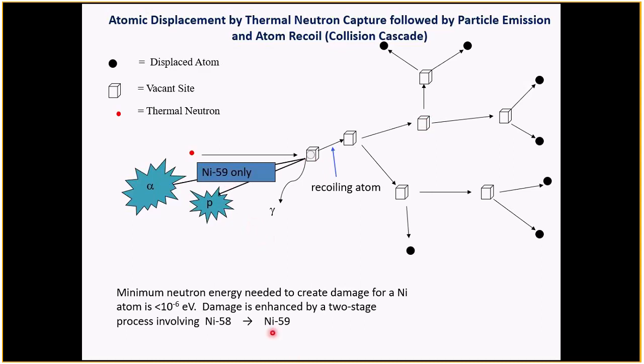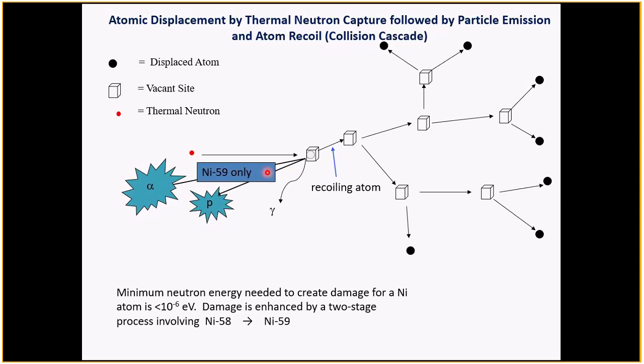But then that creates nickel 59. Now with nickel 59, the probability of reaction with thermal neutrons actually goes up. On a per atom basis, it's higher than nickel 58.